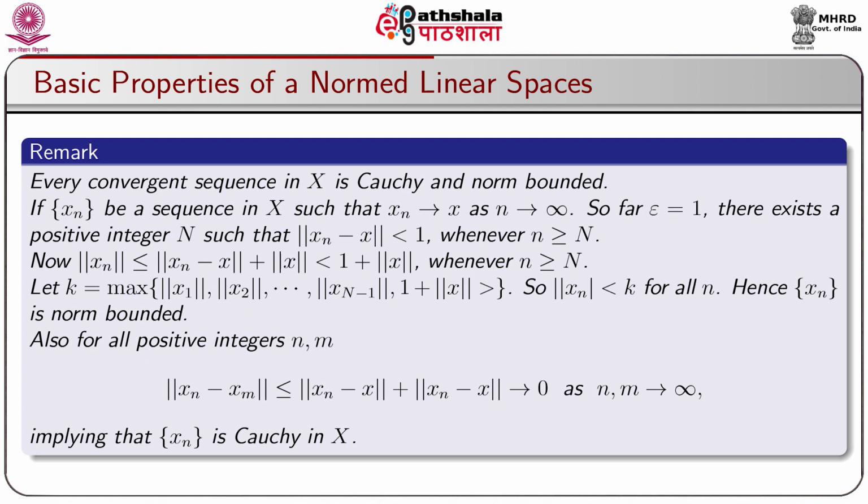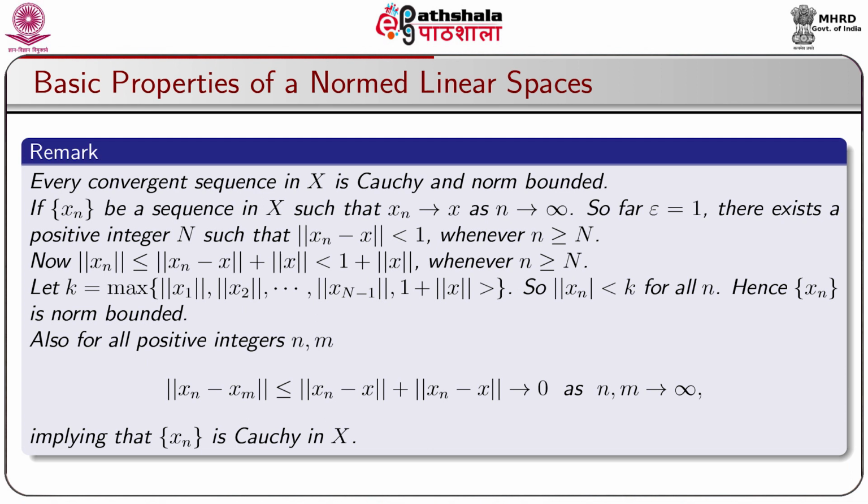Similarly, we get a result in real analysis that every convergent sequence in the real number space is also Cauchy. That means, if xn is a sequence in X such that xn goes to x as n tends to infinity, then for epsilon equal to 1, there exists a positive integer N such that norm of xn minus x is less than 1 whenever n is greater than or equal to N. Now, we can write norm of xn less than or equal to norm of xn minus x plus norm of x.